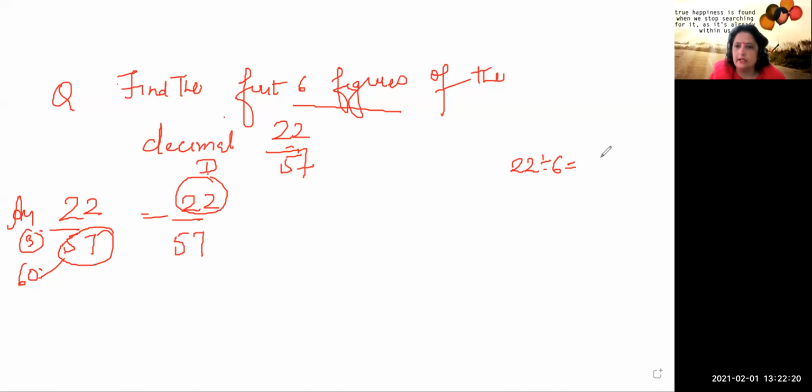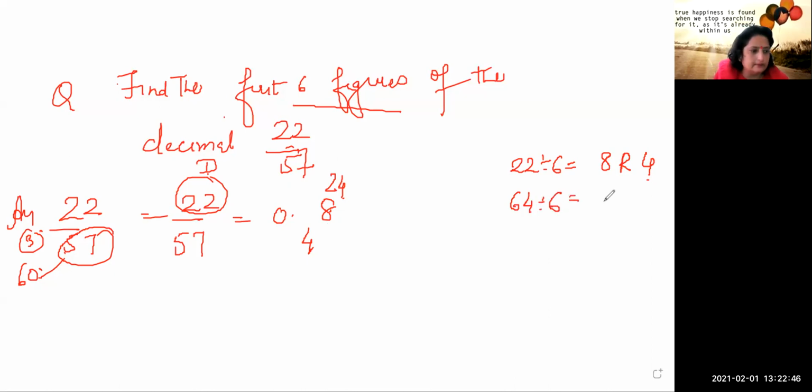So 6 3s are 18 and remainder is, what's the remainder? 4 remainder. 0 point, here is 8 and here is 4. 8 3s are 24. 24 plus 40, 64 divided by 6.